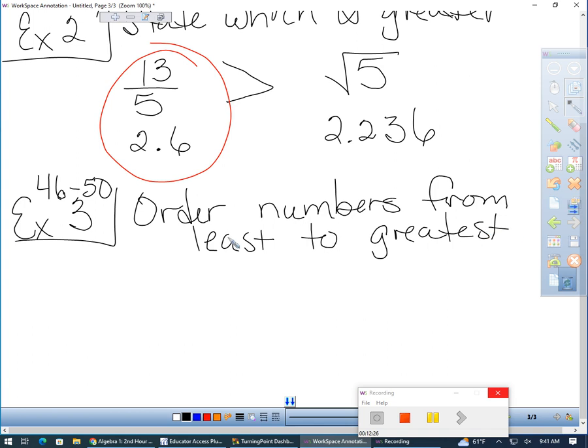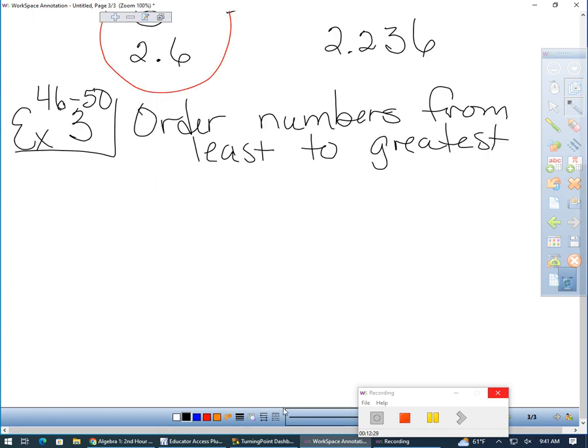All right. So let's say I give you a list of numbers. Let's start with 4 over 5. Maybe I give you 0.75. Square root 2. And 3 over 7. All right, now in order to put these in order, we got to change them all into what? Decimals, absolutely.